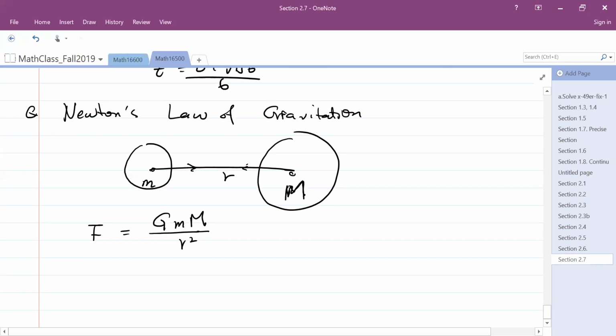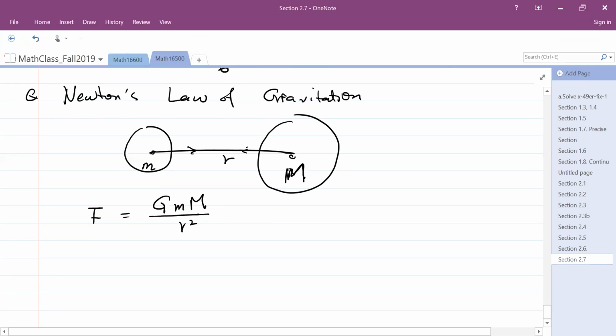So this is two stars. They attract each other, and this force is divided by r squared. So when r is getting smaller, the force is getting stronger.